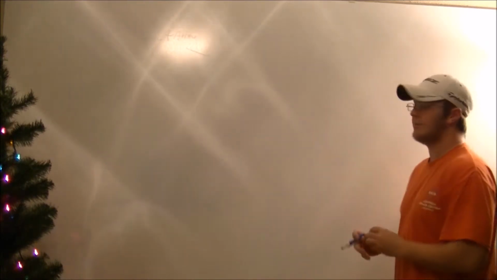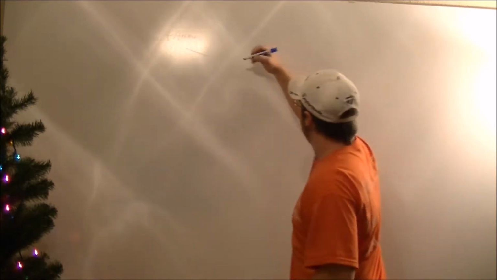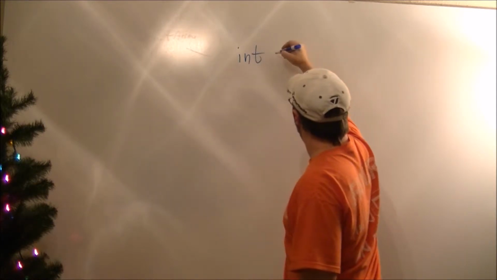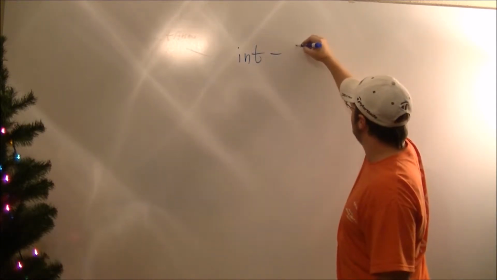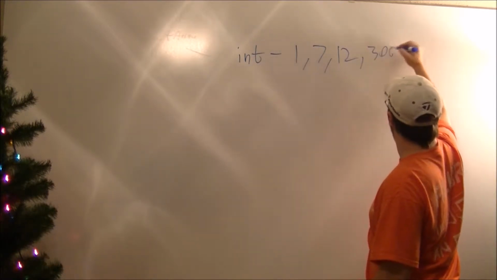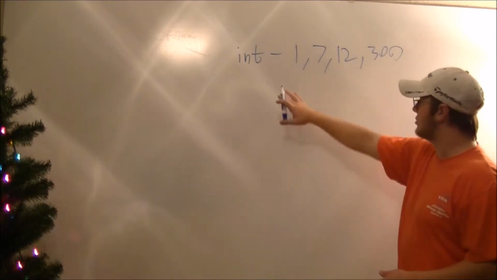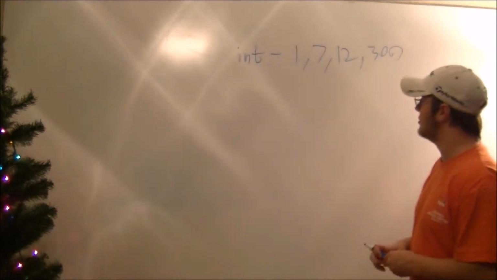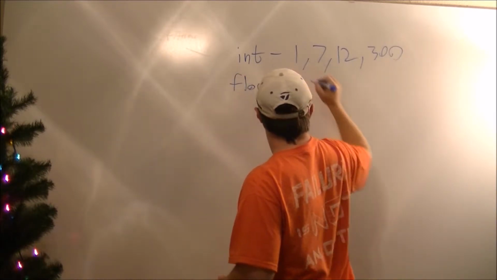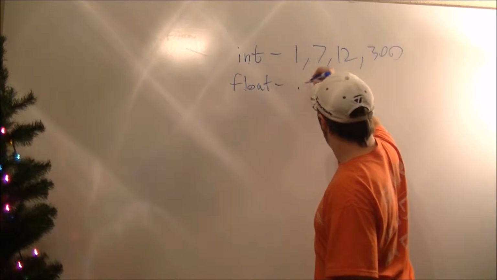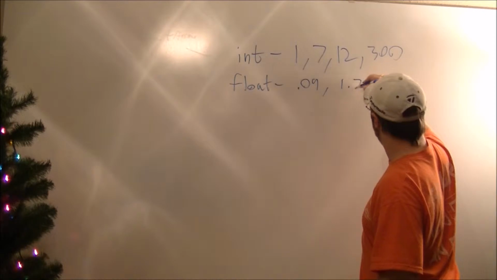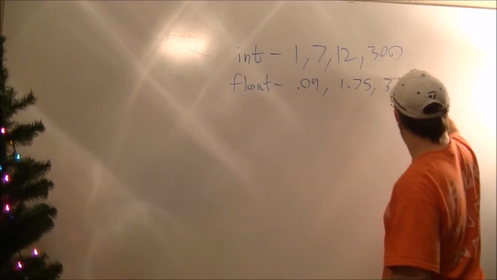Okay, so some of the different types of variables. We have integer, or int, and these are basically just whole numbers such as 1, 7, 12, 300, and so on. Just think of them as whole numbers. Then we have float, and this could be something like 0.09 or 1.75, 3.14.